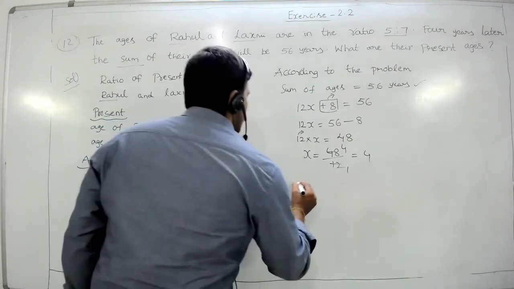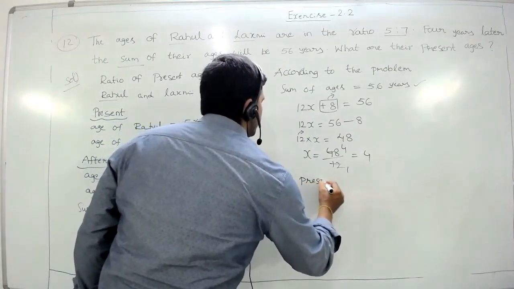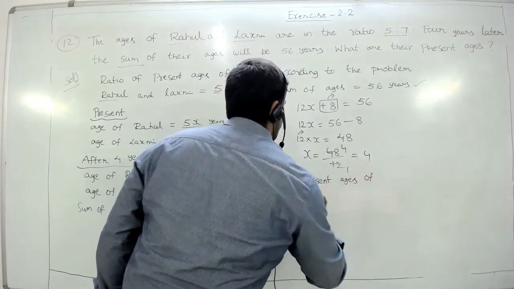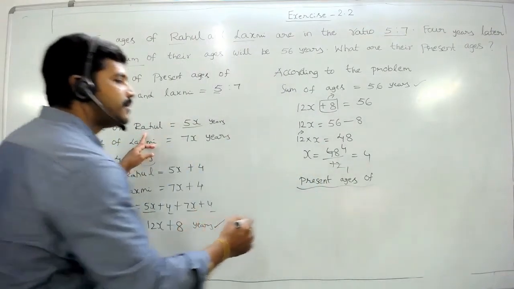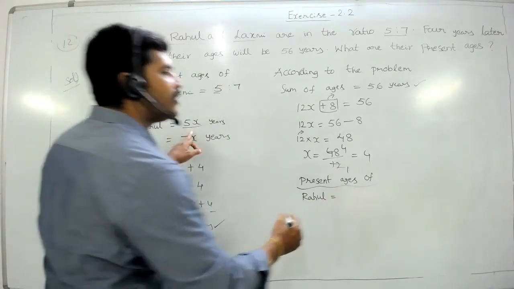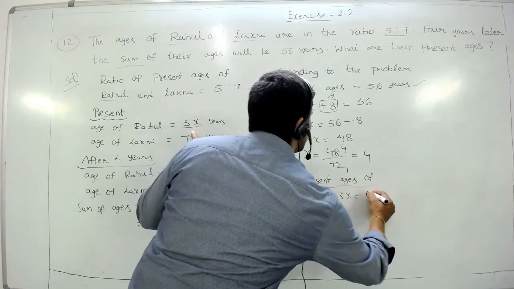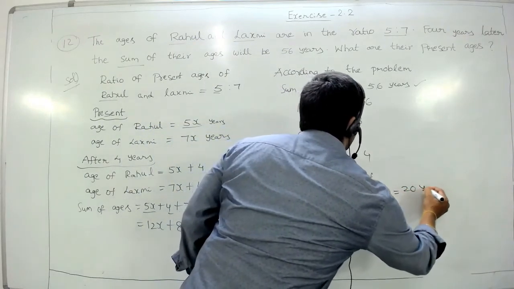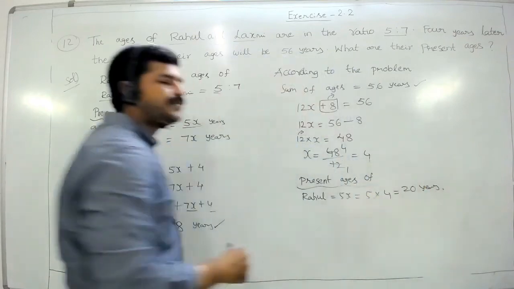Present age of Rahul is equals to 5x. It is nothing but 5 into 4, that is 20 years.